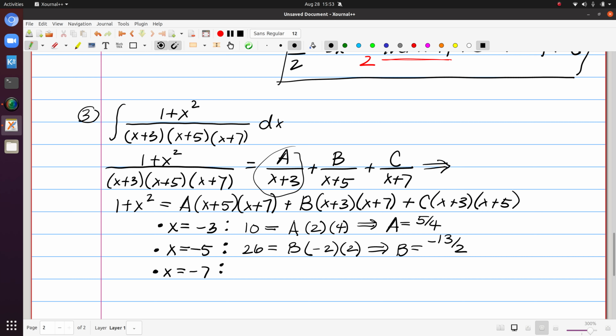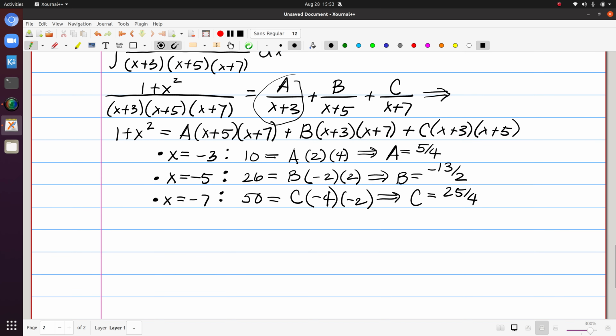That's going to wipe out both A and B. We're going to get 1 plus 49, or 50, equals C times -4 times -2. C then is going to be positive 50 over 8, or positive 25 over 4.